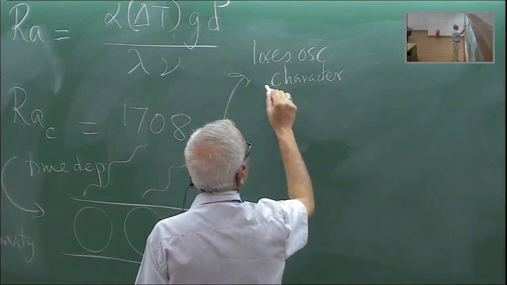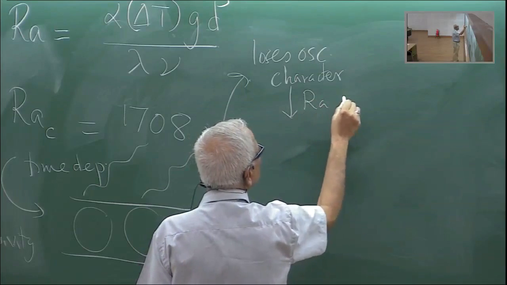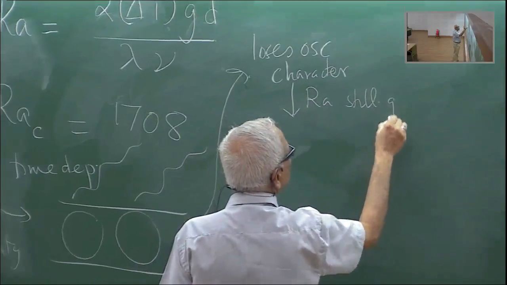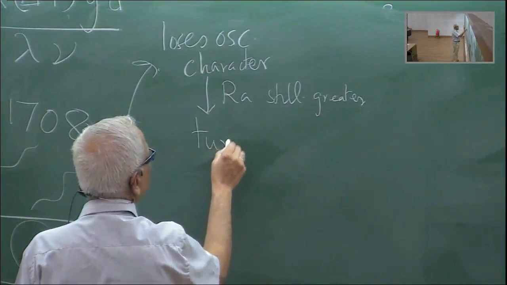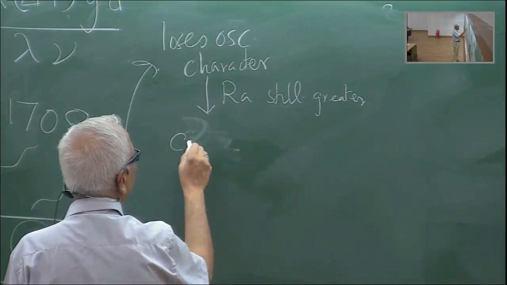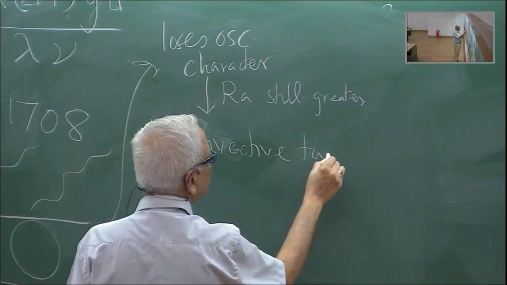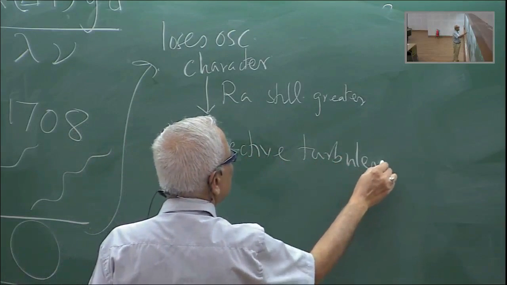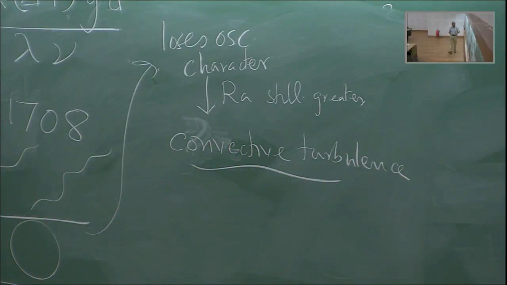and finally, with Rayleigh number still greater, you have what is called convective turbulence, when your velocity field has become rather complicated.